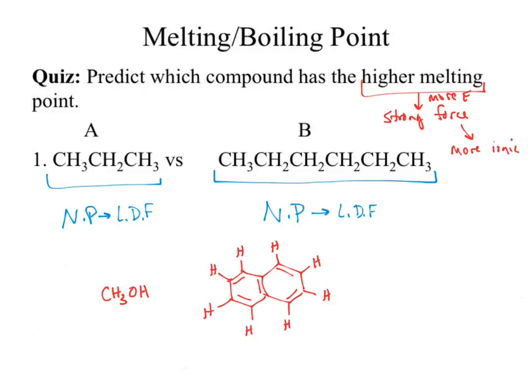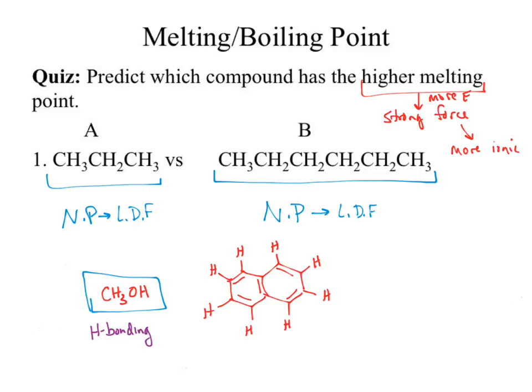What is the strongest force that we would get out of methanol, CH3OH? Hydrogen bonding. Okay, so you're already starting to skip through some of those steps. It's a good thing. We've got a hydrogen bound to oxygen, nitrogen, and fluorine. So the strongest force I would get for that compound would be hydrogen bonding.